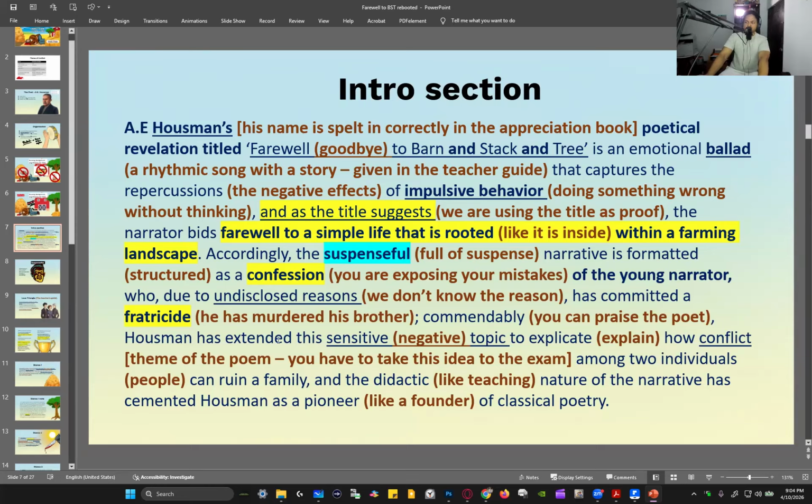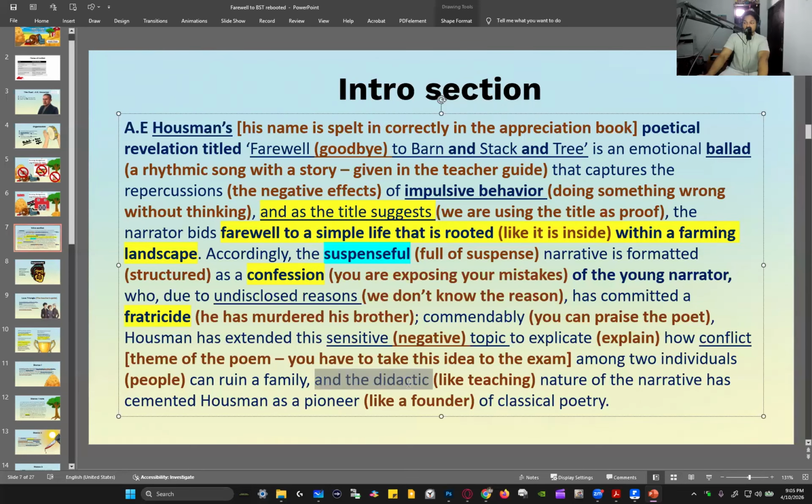Commendably, Housman has extended this sensitive topic to explicate how conflict among two individuals can ruin a family, and the didactic nature of the narrative has cemented Housman as a pioneer of classical poetry. A very good intro section, by the way.